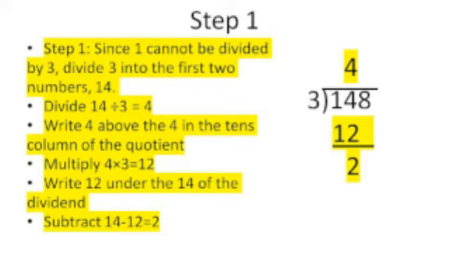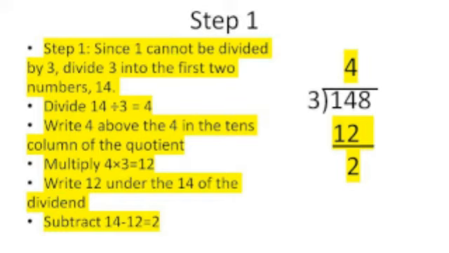Now I've chosen to set the problem up in this manner because it's just easier whenever you're doing division procedures. So let's go over the steps of what we're going to do. As you can see, everything in step 1 I have highlighted in yellow. So we start with our problem. The first thing we want to do is see how many times 3 can go into the first digit of the dividend.